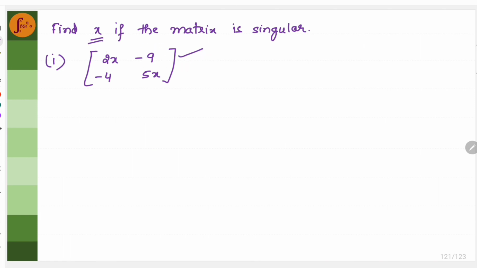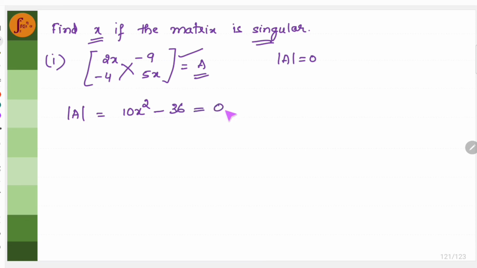Let's take an example where we have to find x. A matrix is given. This is the matrix. We have to find x, and they have told that the matrix is singular. So what is the condition for a singular matrix? Determinant is 0, right? If you take this matrix as matrix A, then the determinant should be 0. So now let's calculate the determinant of this matrix. It will be 2x into 5x, 10x square, minus 9 into 4, 36, right?